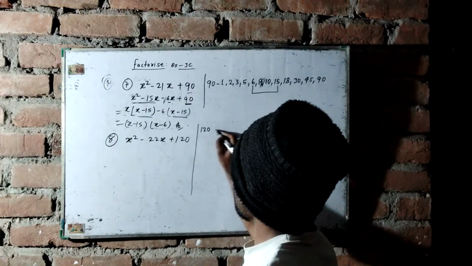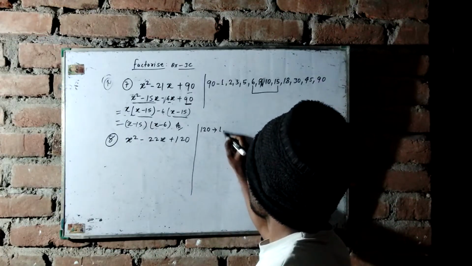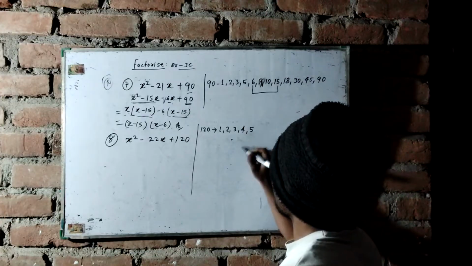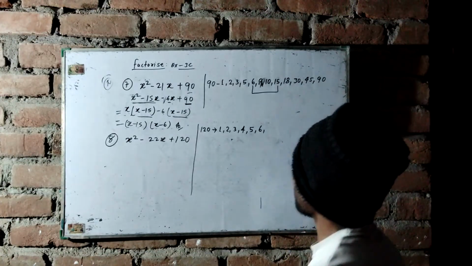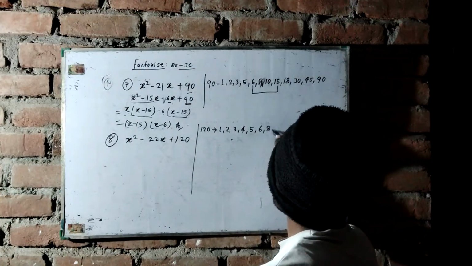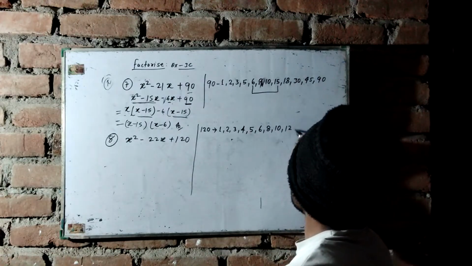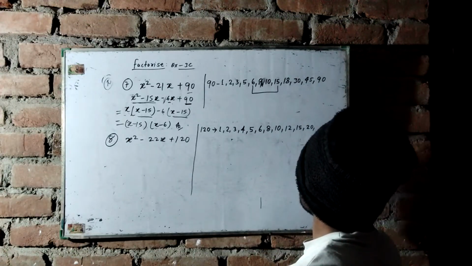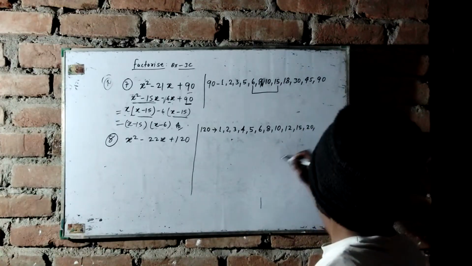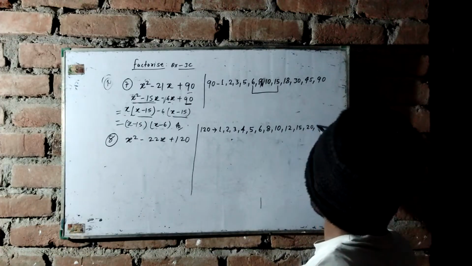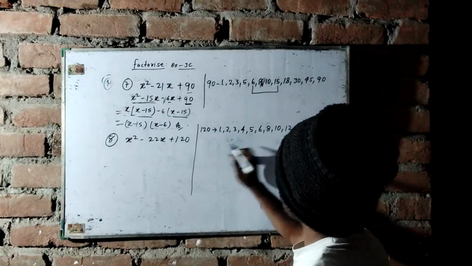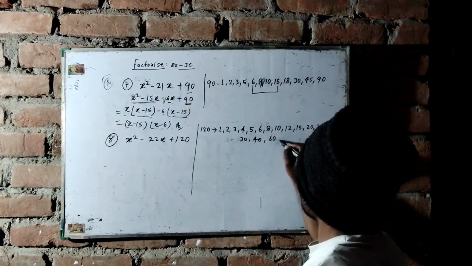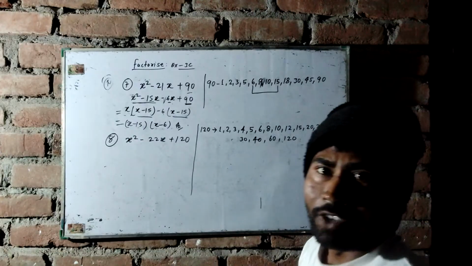So we can write all factors of 120: 1, 2, 3, 4, 5, 6, 8, 10, 12, 15, 20, 24, 30, 40, 60, 120.